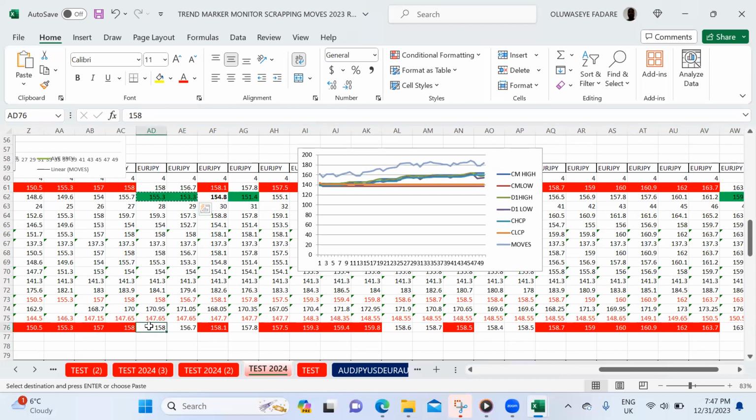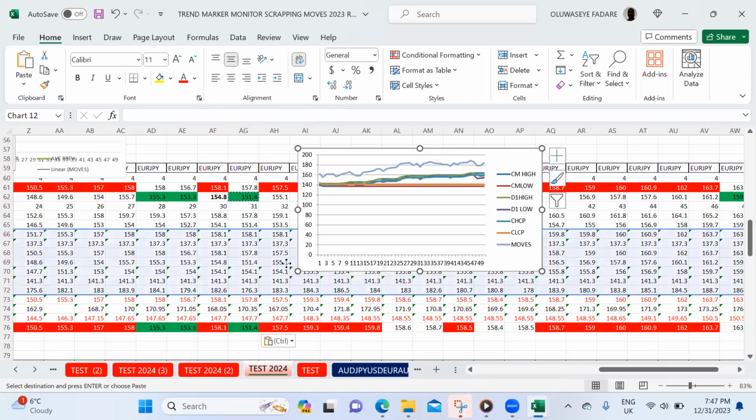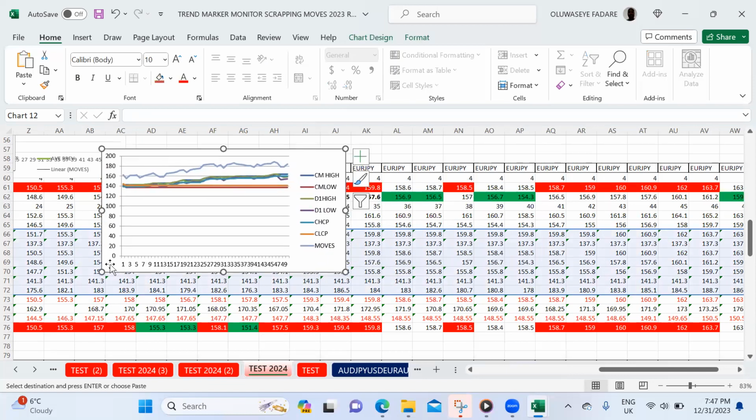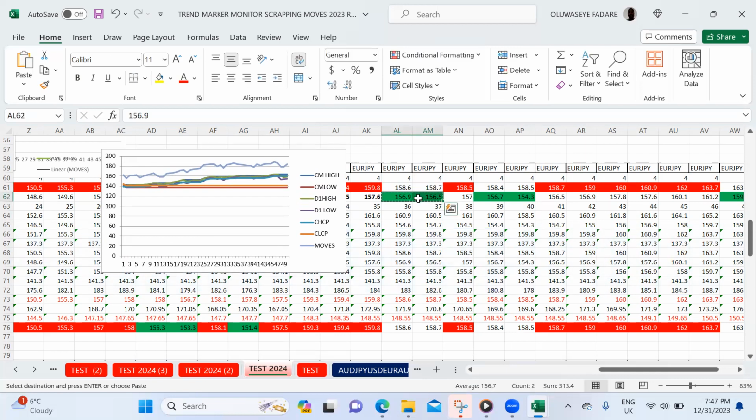So all the white positions will be covered.